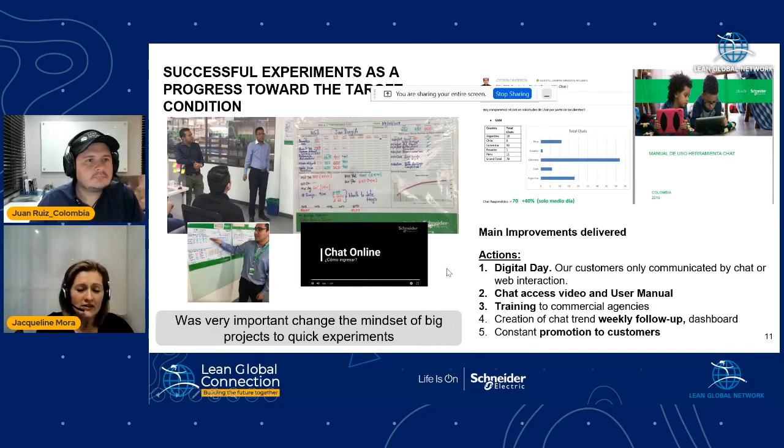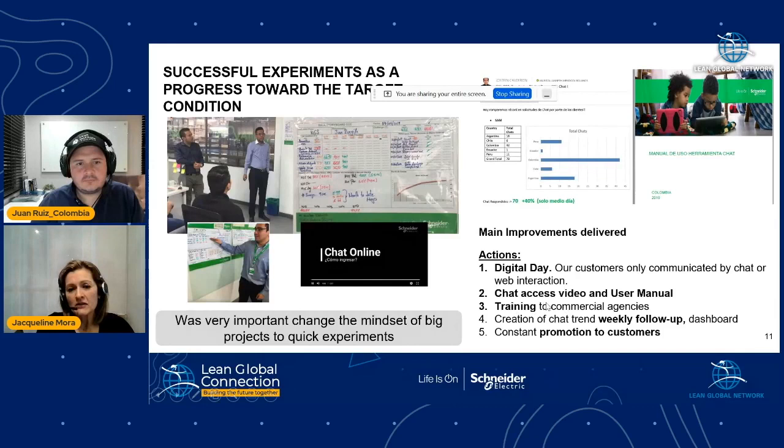The first experiment that was successful is the digital day, because all Friday we closed all our phone platform, and we just support our customers by chat. So we push the market, the customer, and the commercial people in order to use our chat.